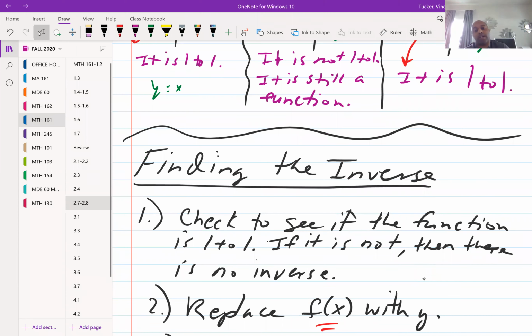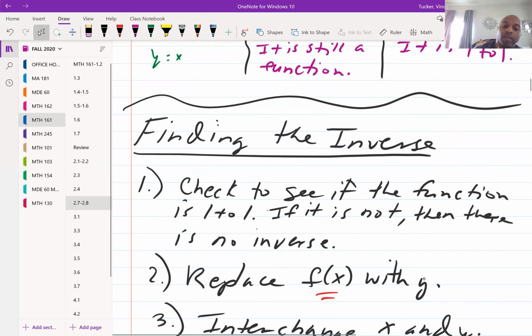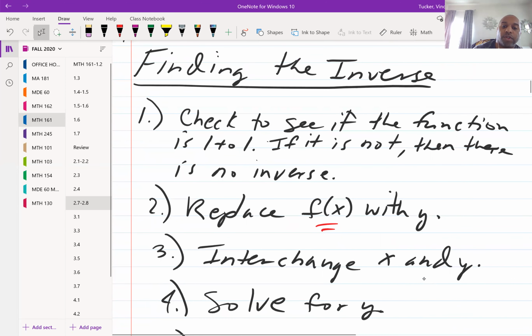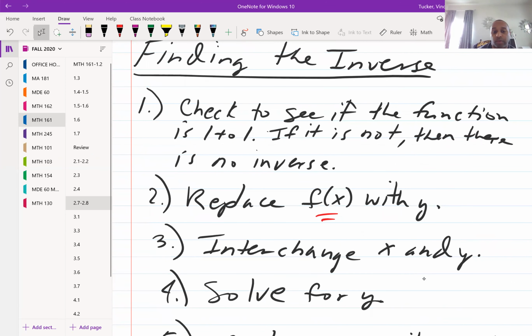All right, so finding the inverse. First, you want to check to see if the function is one-to-one. If it is not, then there is no inverse. So don't waste your time once you establish whether your function is one-to-one or not. If it's not one-to-one, then you don't have to do anything else. You do not have an inverse. If it is one-to-one, then you go ahead and replace f of x with y.